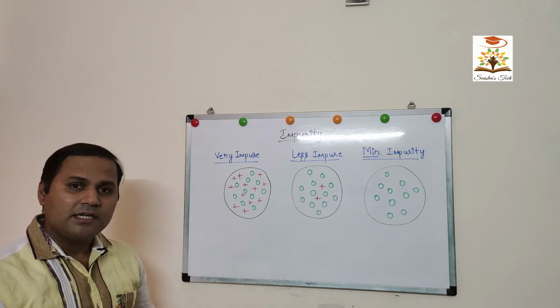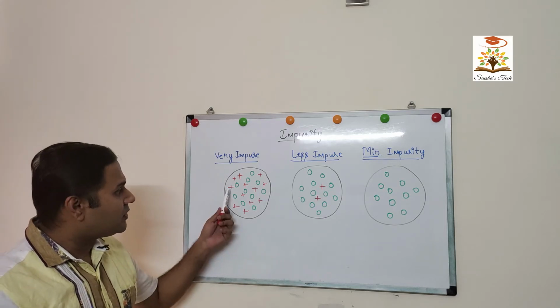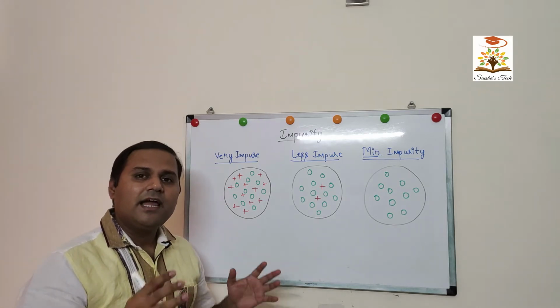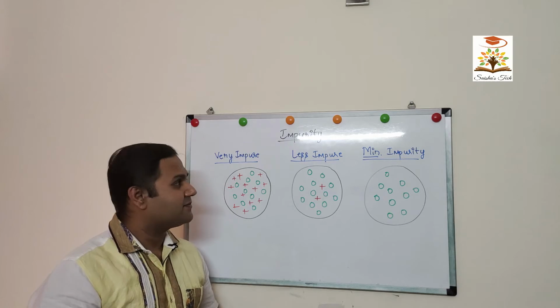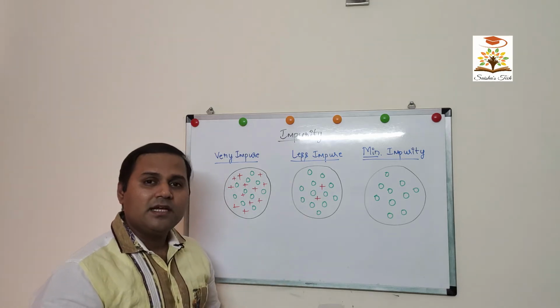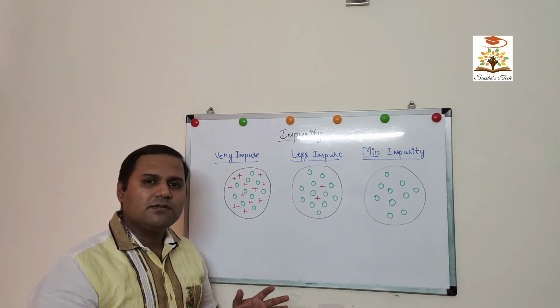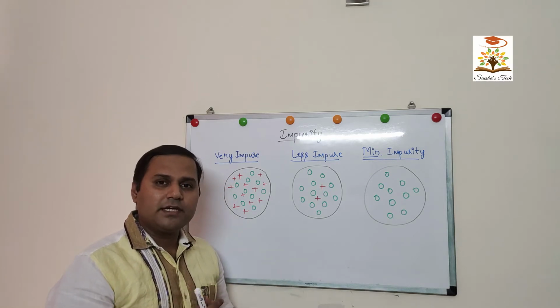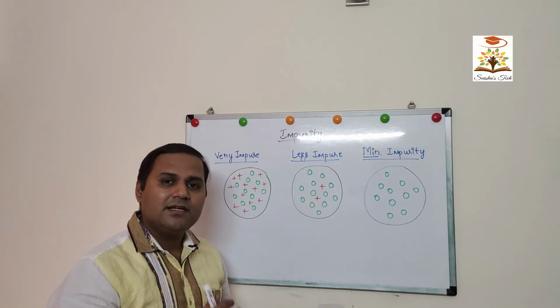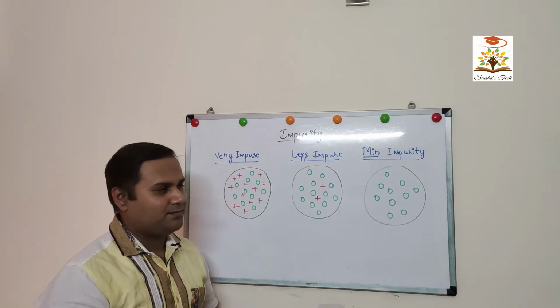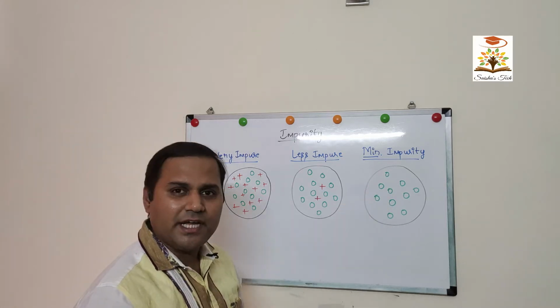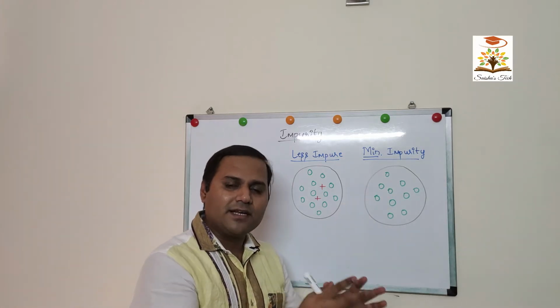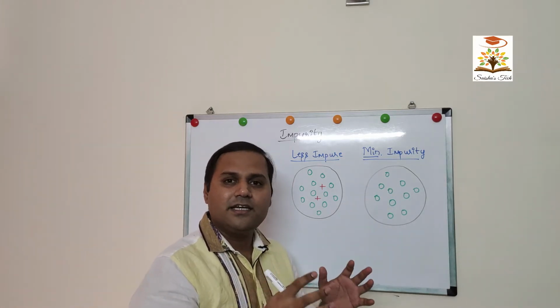Very impure: here you can observe both the positive and the negative cases are heavily mixed. Less impure: in this case, you can observe that one of the classes, either positive or negative, is highly dominating the other. In minimum impurity, you can observe only one class and the other class is missing.